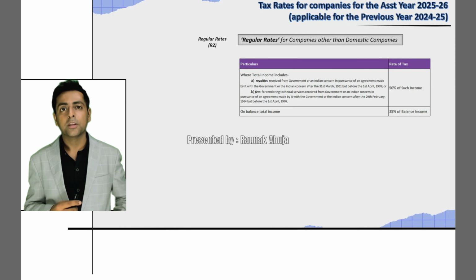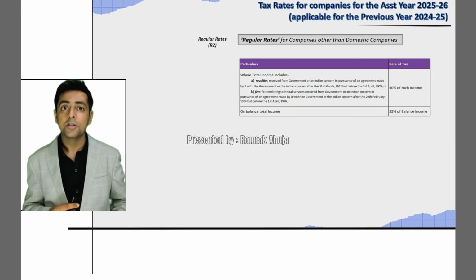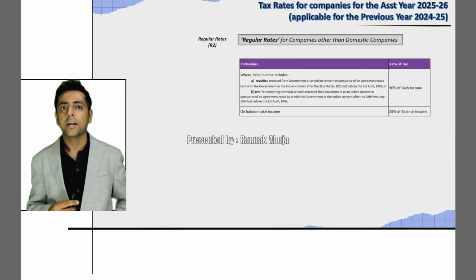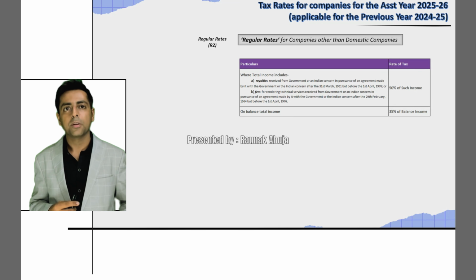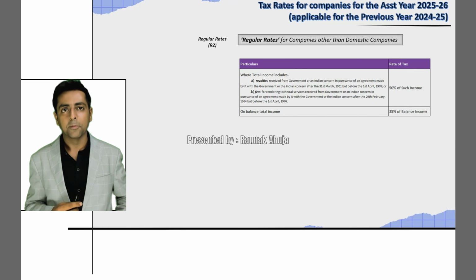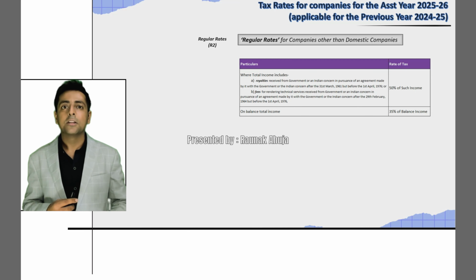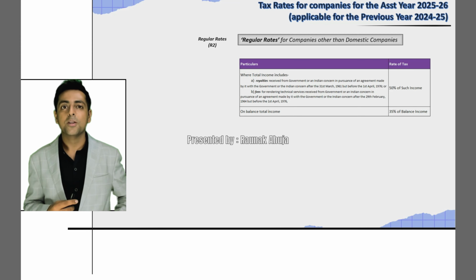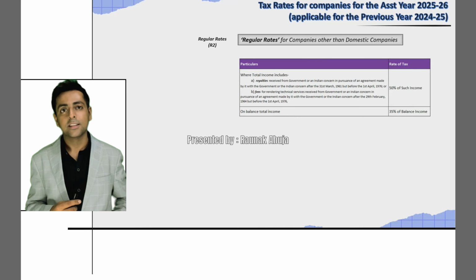Now, where the total income of such companies includes any income in the form of royalty or fee for technical services received from the government or any individual on or after 31st of March 1961 until the 1st of April 1976 in accordance with the agreement, then in such a case 50% of tax rate would be applicable on such portion of the income. On the balance, 35% of the tax rate would be applicable. So this was regular rates of taxes for companies other than the domestic companies.